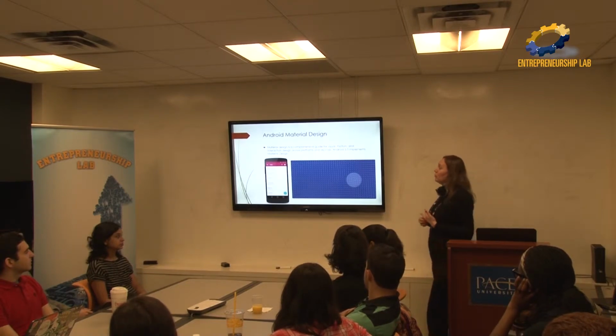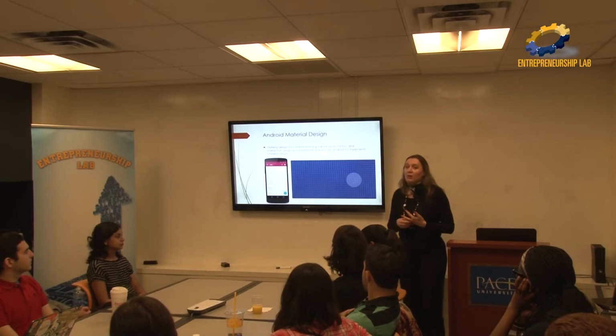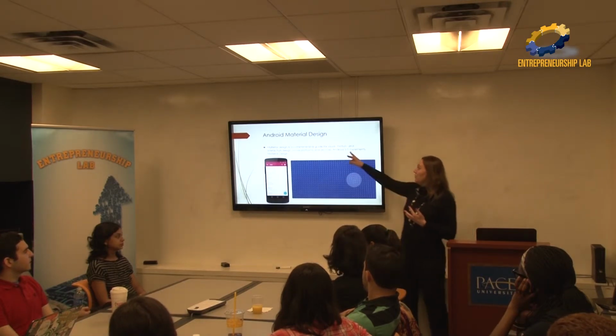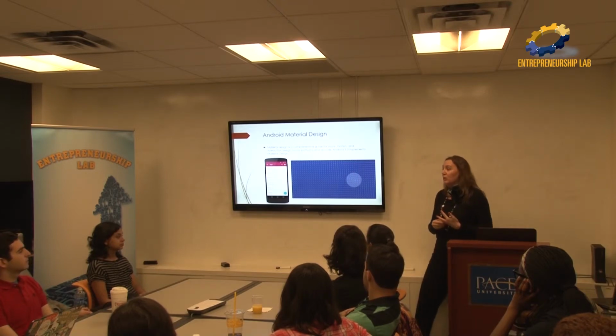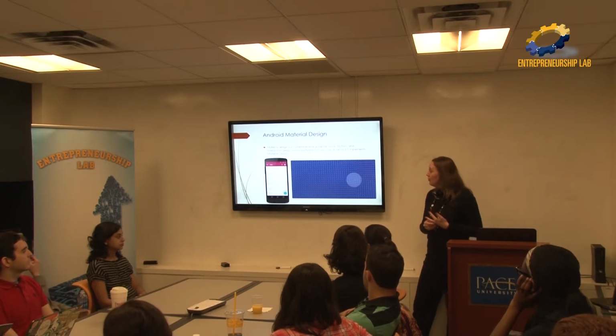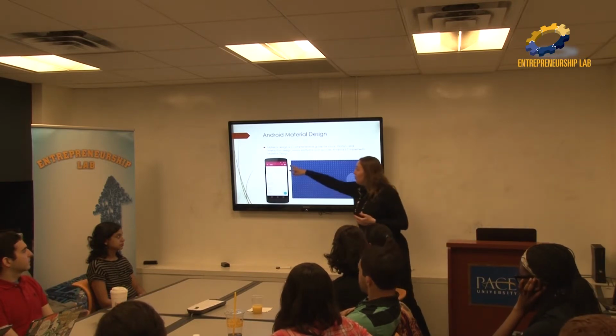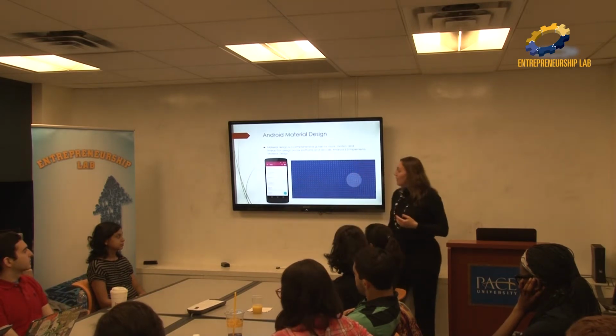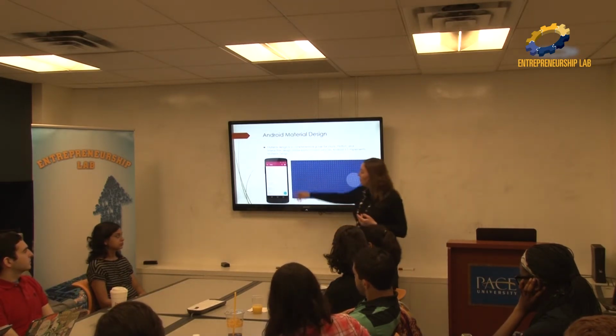If you don't know what material design is, maybe install Android 5.0. There are not so many people who have 5.0, but if you install, for example, an app like Inbox, it's now completely different.